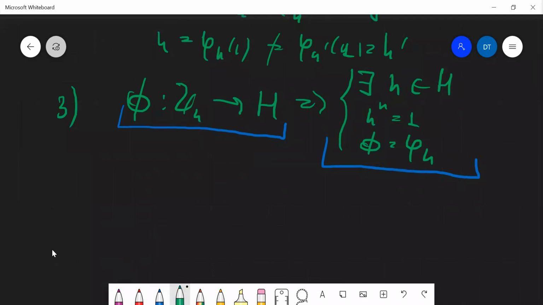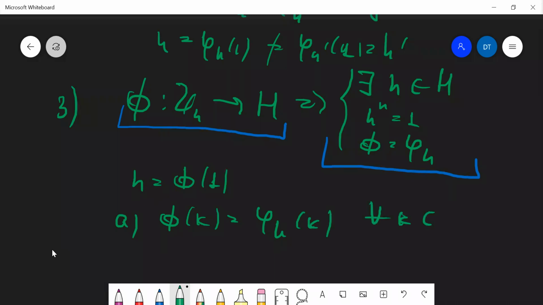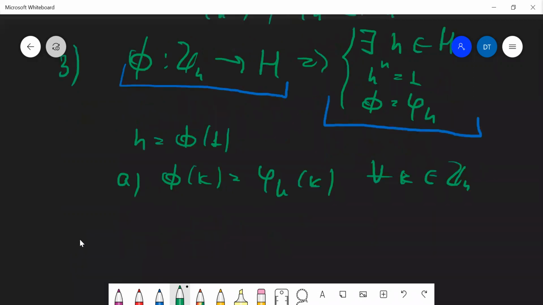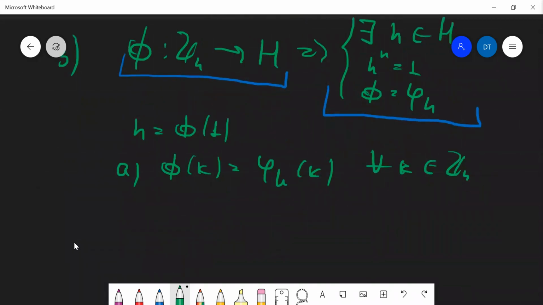First of all, again, we just take h to be phi of 1, and then we have two things. Thing number one: we want to prove that phi of k is equal to phi h of k for all k from Zn. And the second thing: we want to show that h to the n is equal to 1. Why do we need it?